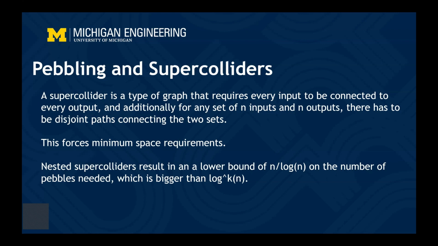And so nested super colliders give us a lower bound of n log n on the number of pebbles needed to compute certain graphs, which is way bigger than log^k n, polylog n.